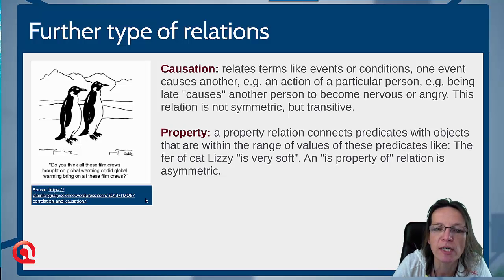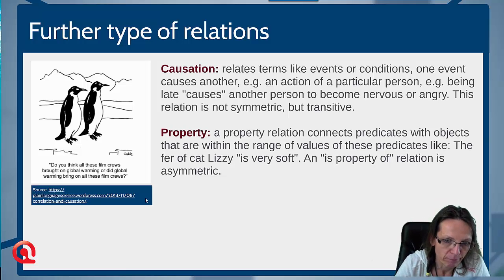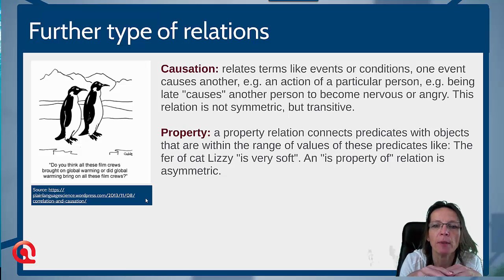And a property of something is describing something in more detail. So something is very soft. It is light or strong or weak, whatever. A nice term: it connects predicates with objects that are within the range of values of these predicates. So that would be the official definition.